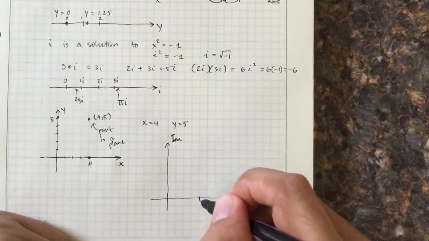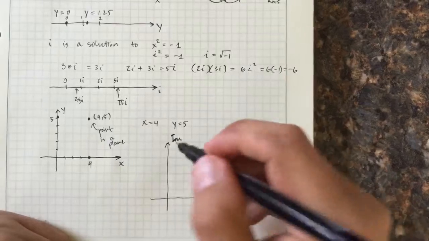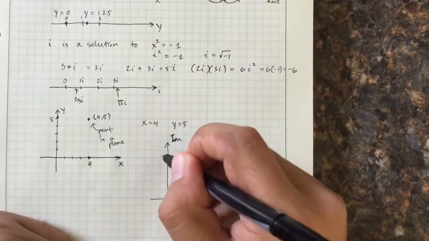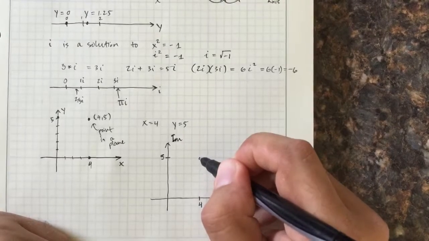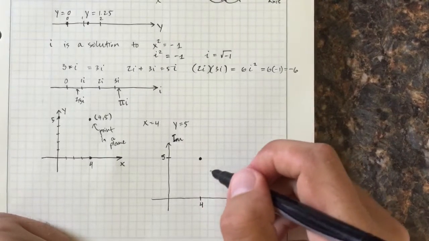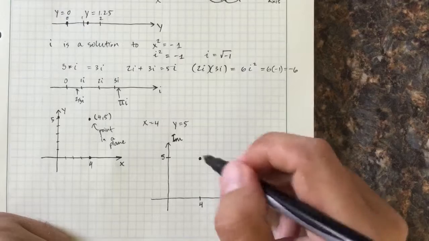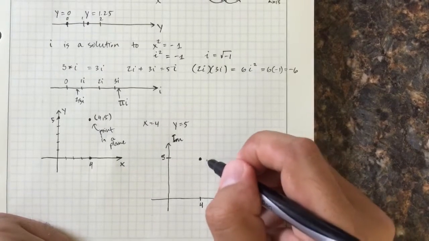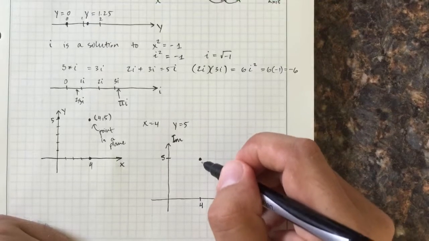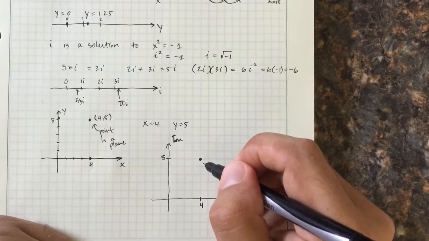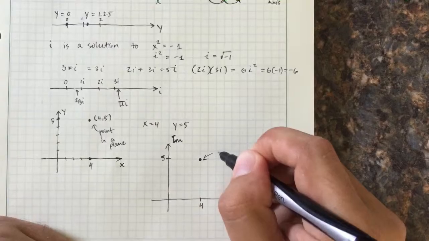And if we went 4 in the real direction and 1, 2, 3, 4, 5 in the imaginary direction, this would map you again to this point in the plane. However, the difference is that now this point is also a number, and it's the complex number z.